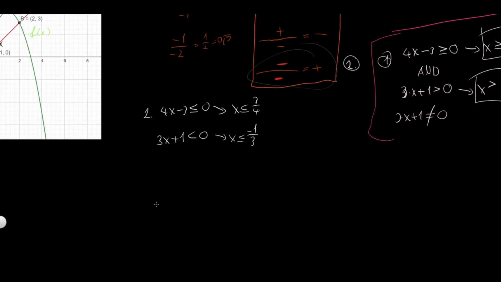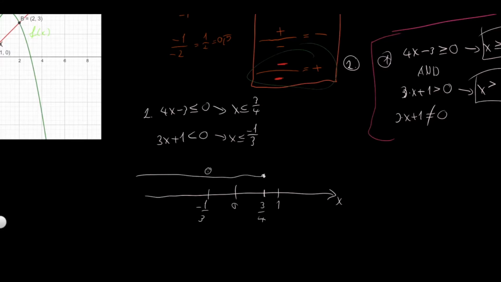And if you want to illustrate that on a number line, you will see that let's say negative 1/3 is here, and if 1 is here, then 3/4 is here, and so it can be equal, so it goes like this, and it goes like this. So the intersection is the solution.